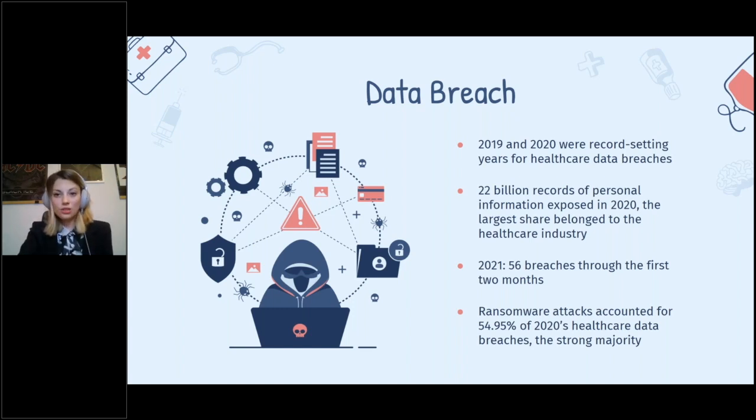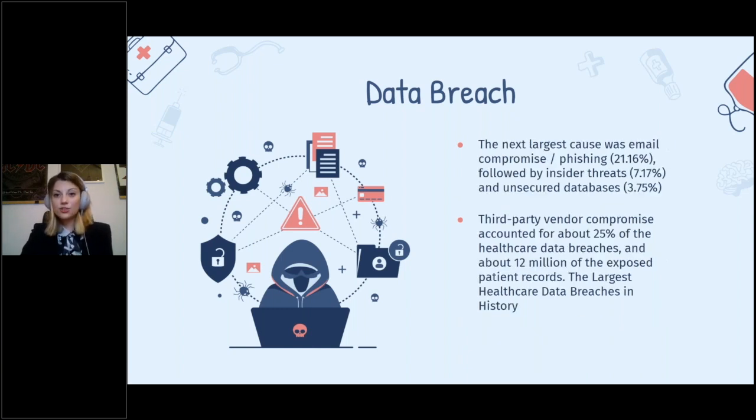Of all the 22 billion records of personal information exposed in 2020, the largest share belonged to the healthcare industry.